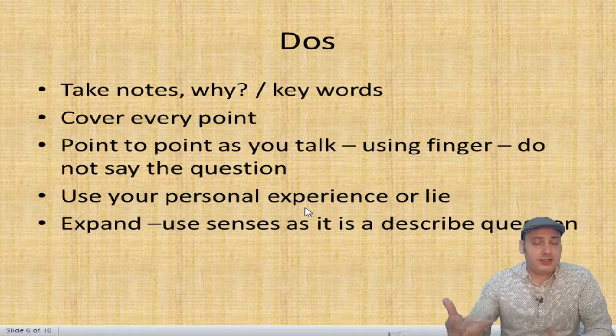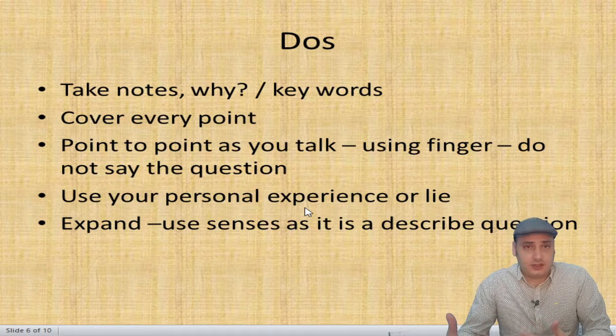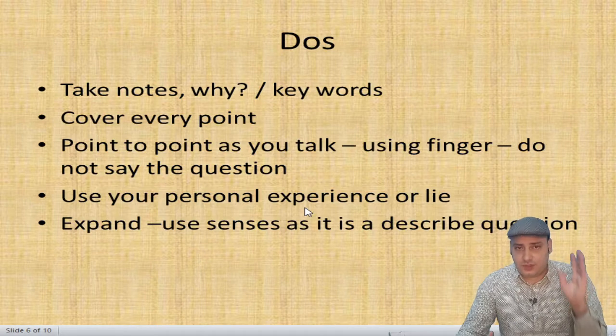For example, where was the museum, or where is the museum? You can say the museum is in the capital of Oman, or the largest city of Oman. It's in Muscat. That is the most important city in Oman. So, I mean, you can expand and you can add 2 or 3 sentences to your answer.